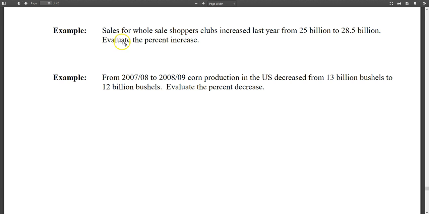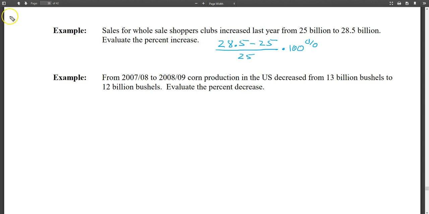Let's look at this example. Sales for a wholesale shoppers club increased last year from 25 billion to 28.5 billion. Evaluate the percent increase. So, same procedure. We want to look at the change divided by our starting value of 25, and then just multiply that by 100%.